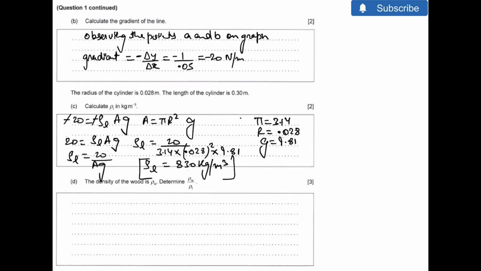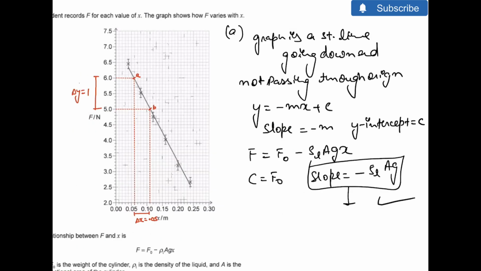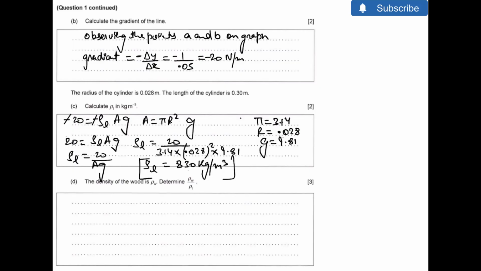Now in this part D, we have to find out the ratio of density of wood to the density of liquid. Now for this, let us again discuss the point A. So you can see that at point A, F is 6. So at point A, F is equal to 6.